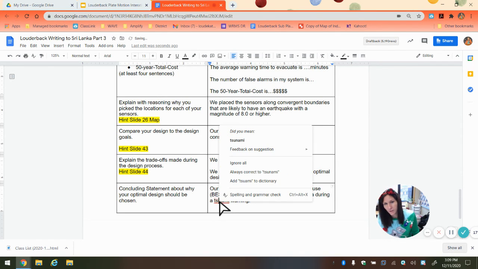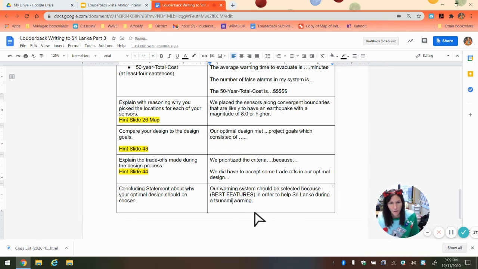The best features, because again, you want to convince someone to pick your design, and anytime you're using persuasive language, you want to do the best material there.